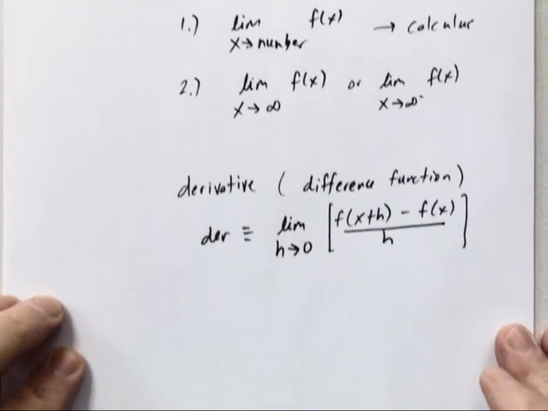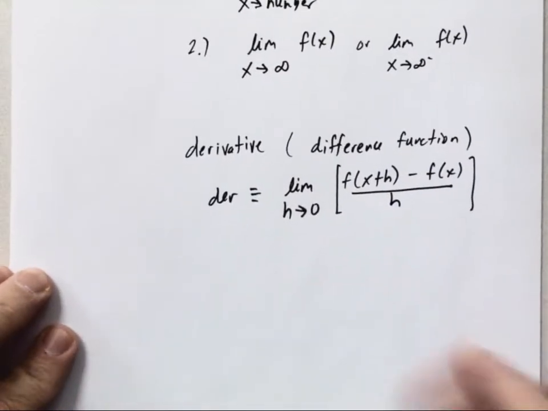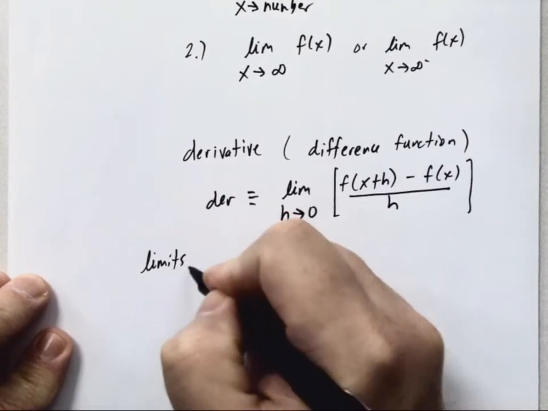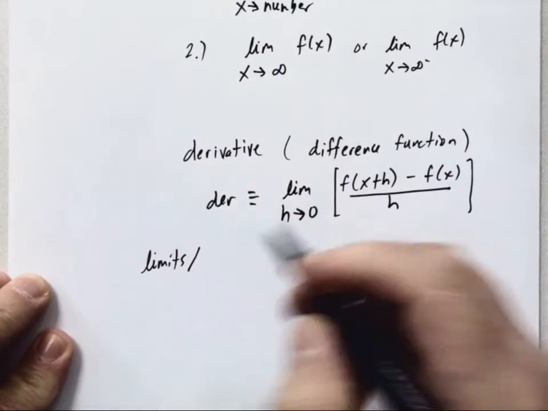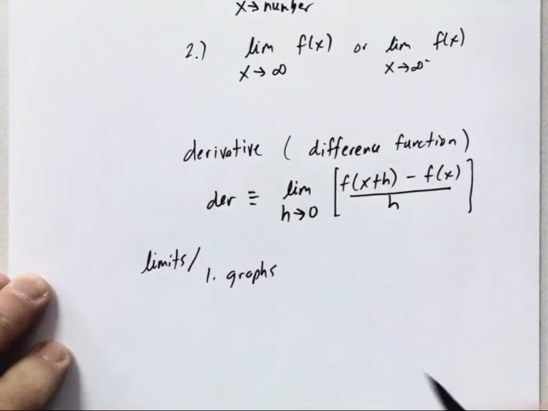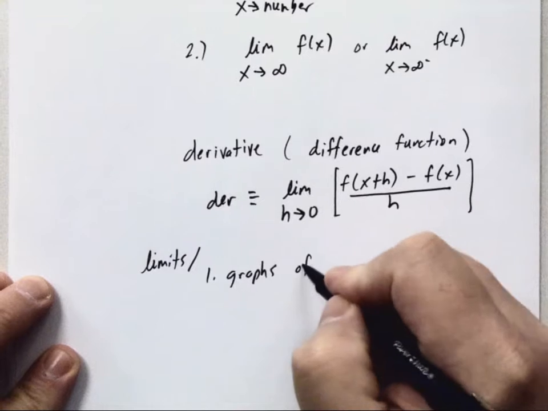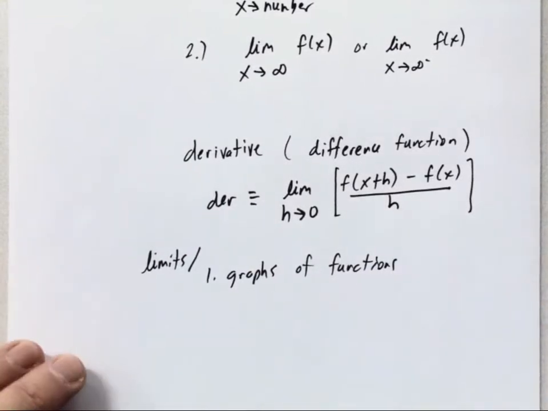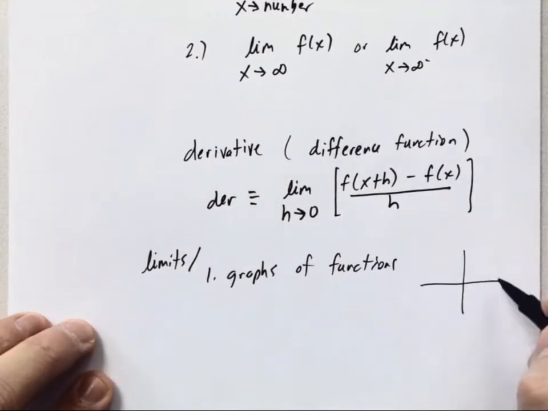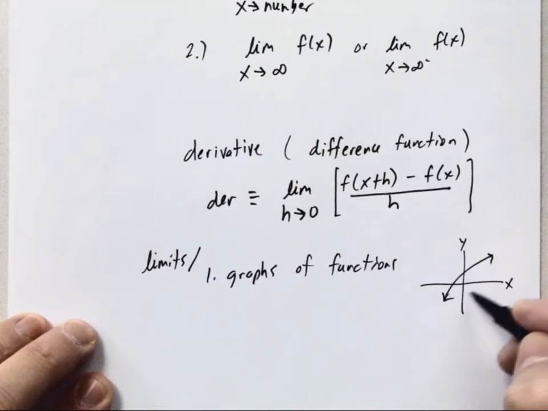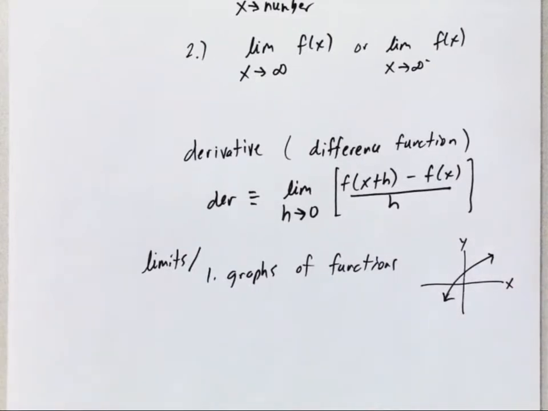Now, as we talk about limits, just to help your understanding, I like to illustrate it in two methods. First, we're going to look at graphs of functions. By looking at graphs of functions, it's just old-fashioned, here's a function.